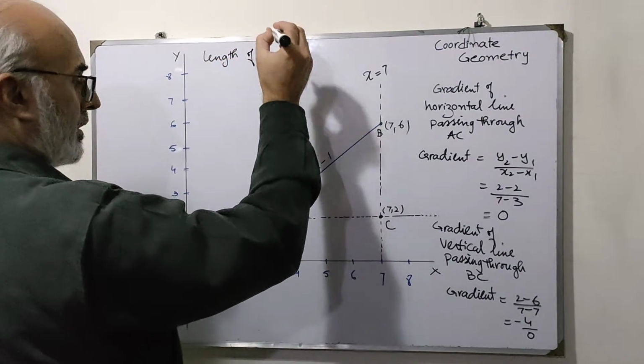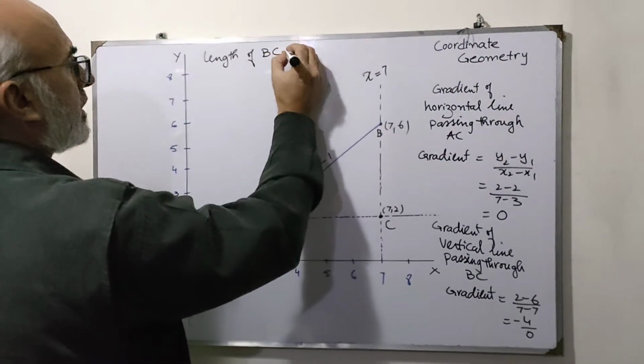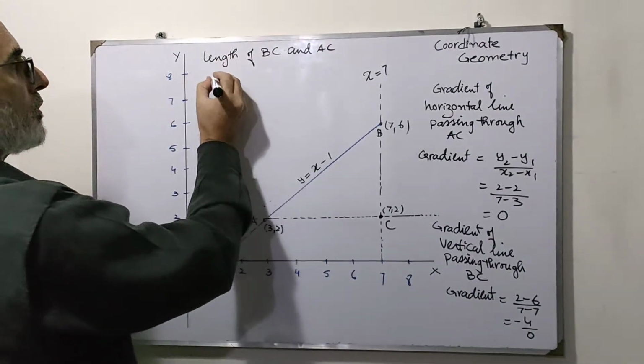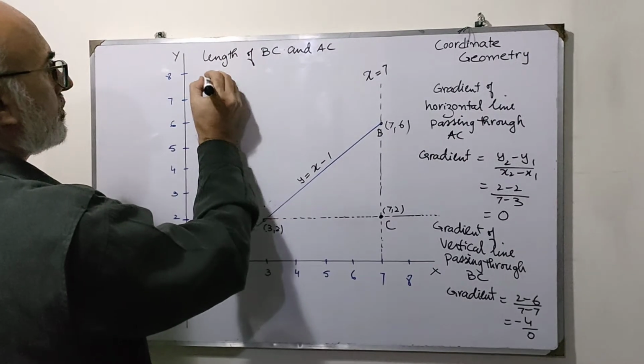Okay, now let's find the length of BC and AC. And the formula we are going to use is the same.